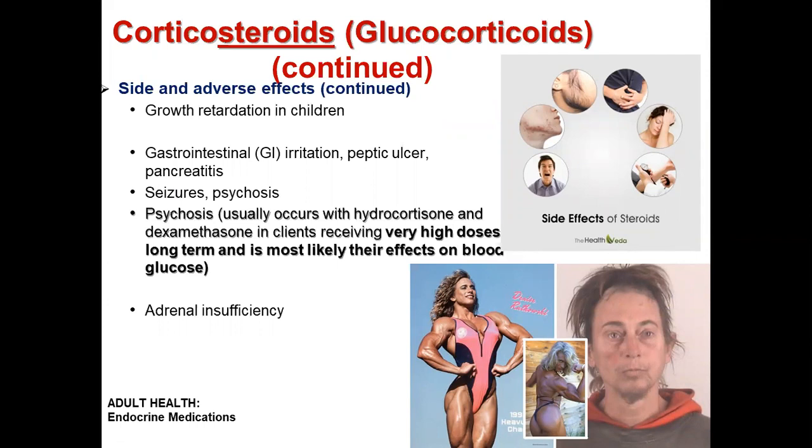What is psychosis? Psychosis usually occurs with hydrocortisone and dexamethasone in clients receiving very high doses for a long time, and also most likely they affect blood glucose level. So in this picture, we can see a bodybuilder. She took the steroid for a long time, but later on, she developed hirsutism.